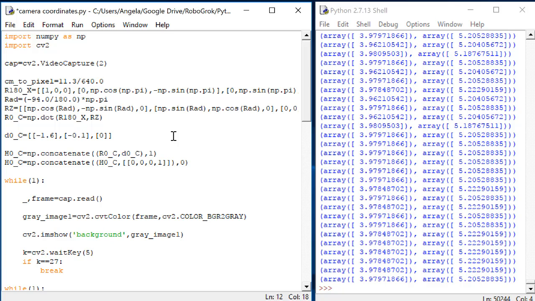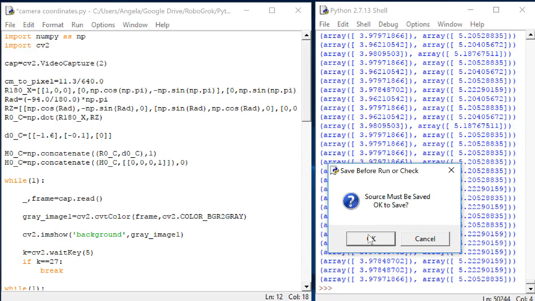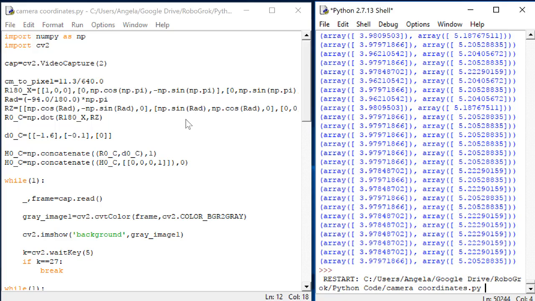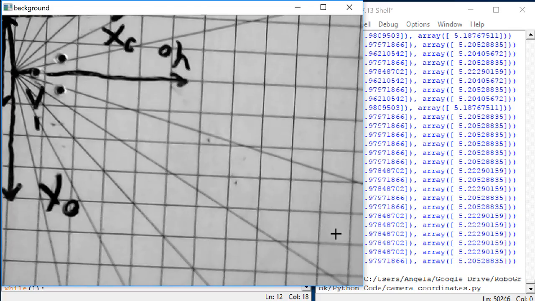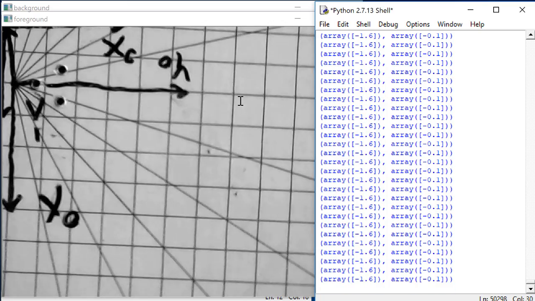Again, I don't know if this is the right direction. We'll just test it. When the background's ready and nice and stationary, hit escape. And now let's place the nut.